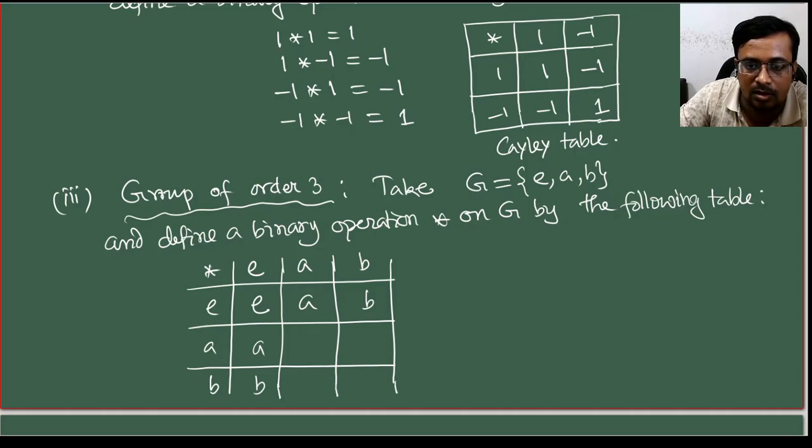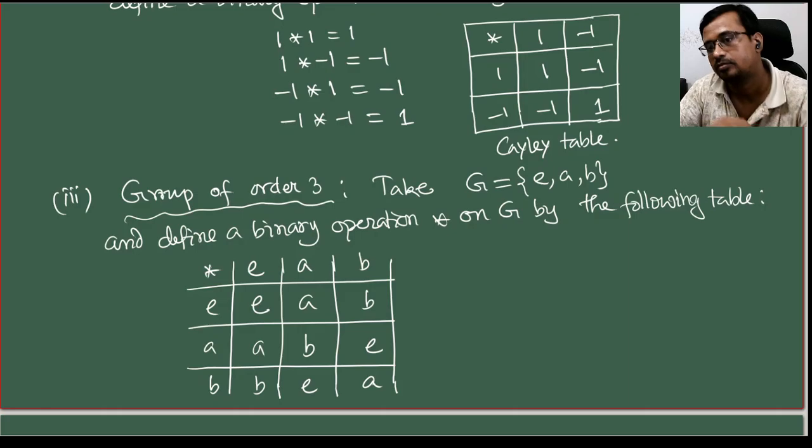Here you take A squared equal to B, and A times B equal to identity. So basically we want B to be A squared, and A cubed equal to identity.